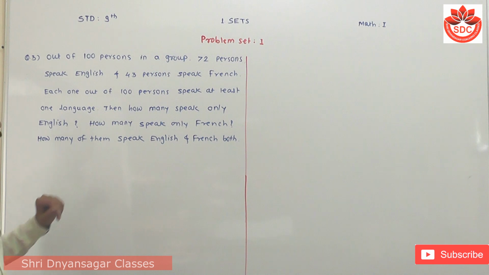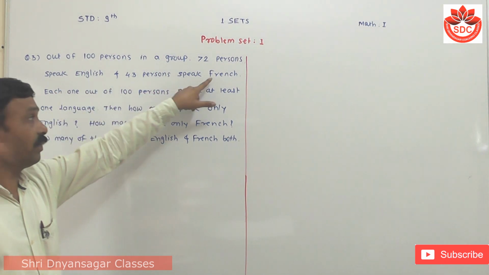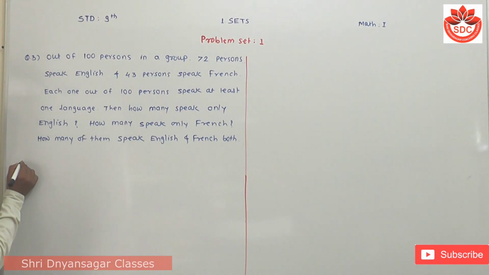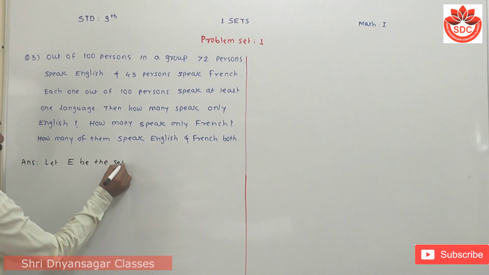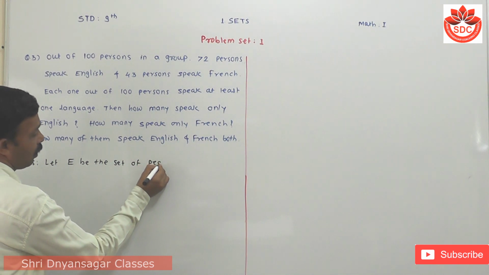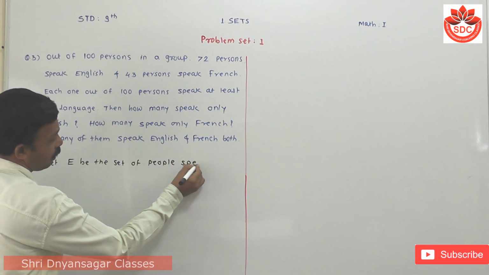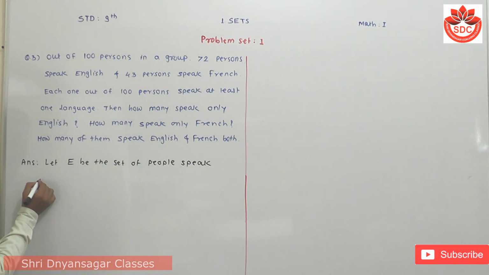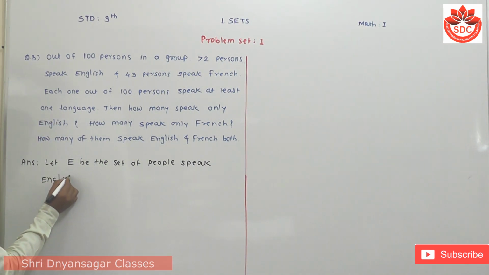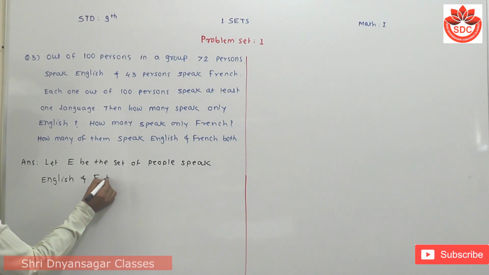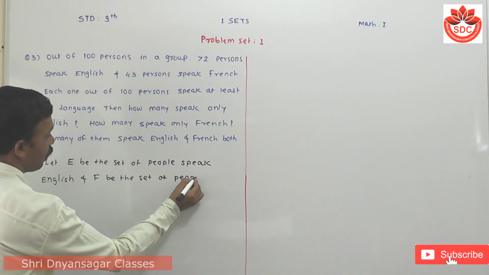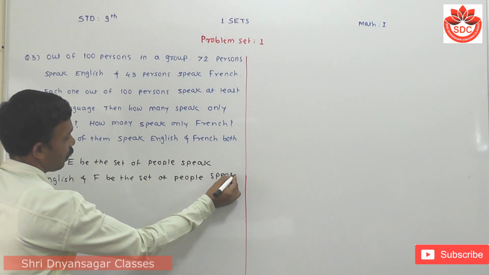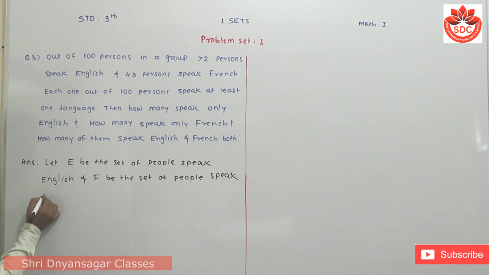Students, here we take the set of English as E and the set of French as F. So the answer: let E be the set of people who speak the language English, and F be the set of people who speak French.